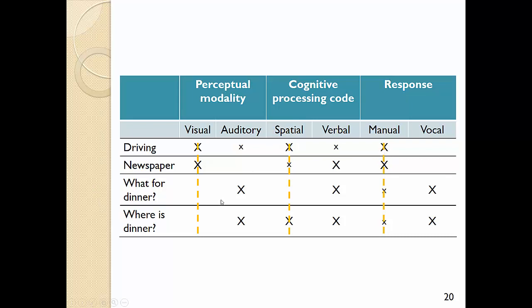You could look at these other two, and maybe the what's-for-dinner conversation has very little overlap with the resource demands for driving. So you could say, okay, this is our best option here. Where is dinner is maybe going to interfere a little bit more than what's for dinner, because it's requiring some of my spatial processing code resources that are also needed for driving.